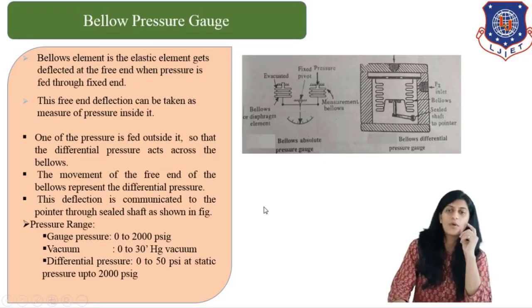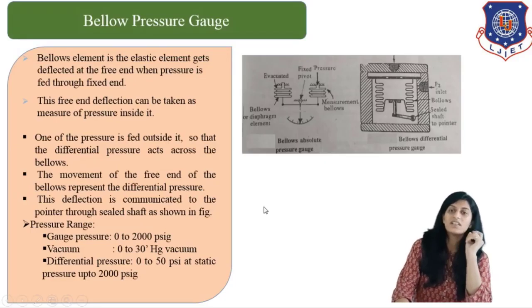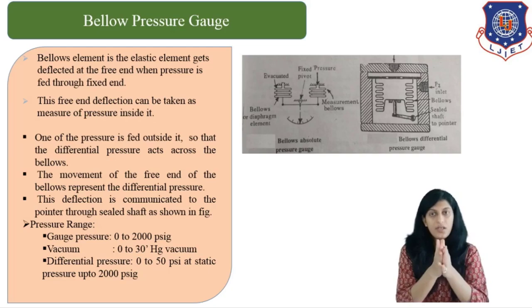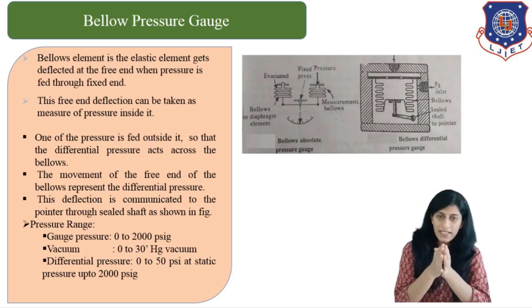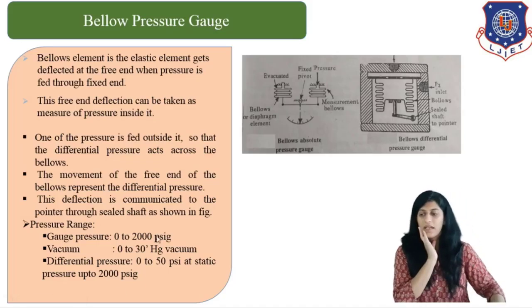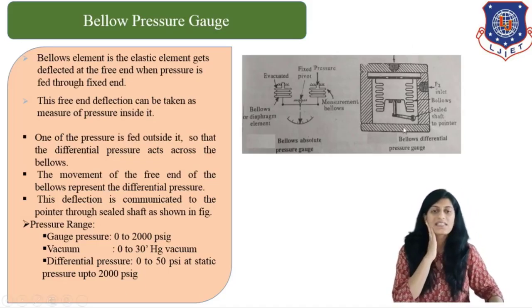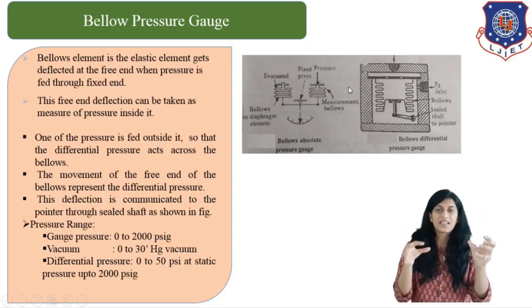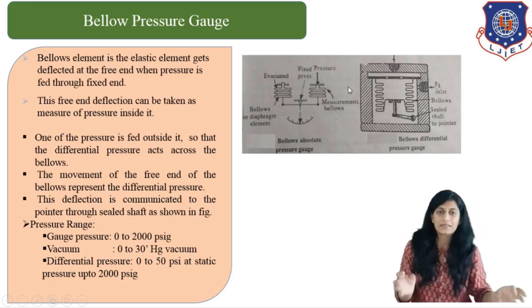The next equipment which we are going to cover is the bellows pressure gauge. As the name itself suggests, it is a bellows type structure which is used to determine the pressure of any given equipment. So, in this figure, as you can see here, these are the bellows, which are in the shape of a bellow, or in simple words, they are thick springs.